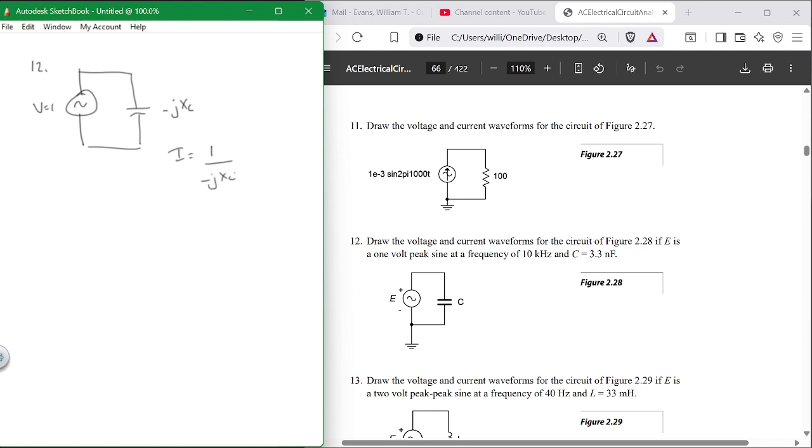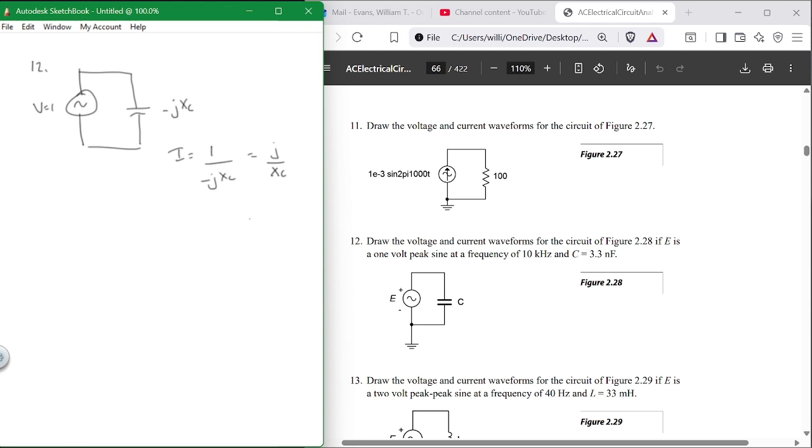All right, so when we say a minus j in the denominator becomes a what in the numerator? Does everybody agree with that? A minus j in the denominator becomes a plus j in the numerator? Yeah, that's exactly right.